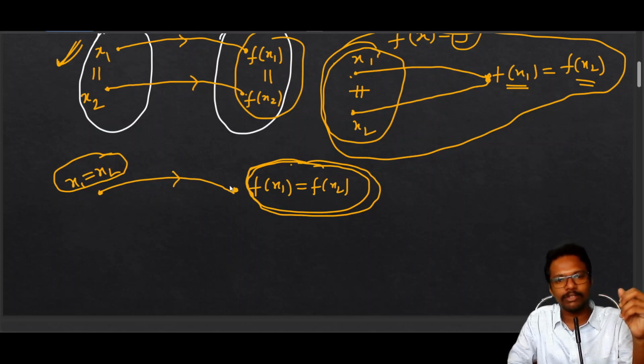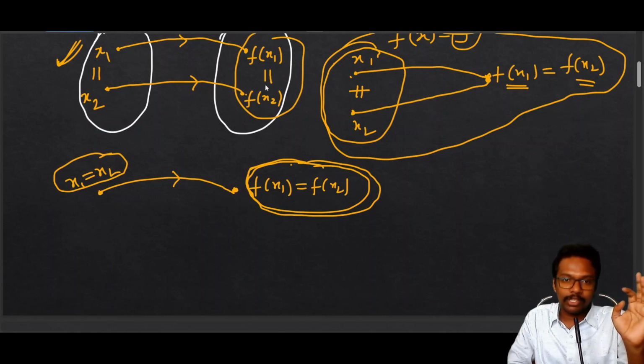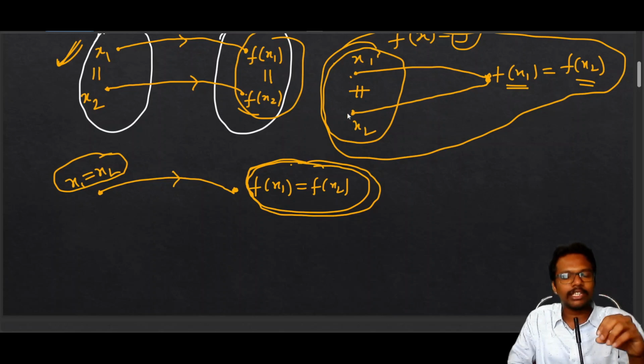For one point in the domain there will be a unique image in the codomain, one arrow for one image. So after assuming that f of x1 and f of x2 are equal, these two, x1 and x2, are fixed here. If these two are not equal, then it becomes a many-one function. It means it is not a 1-1 function.